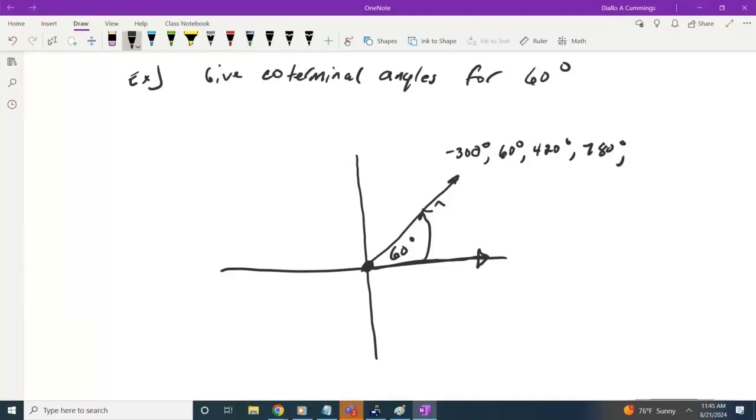I can subtract another 360 degrees, right? So I get negative 660. And this is going to go on forever and ever, right? So the basic point is, in order to find a coterminal angle, you simply want to add or subtract 360 degrees.